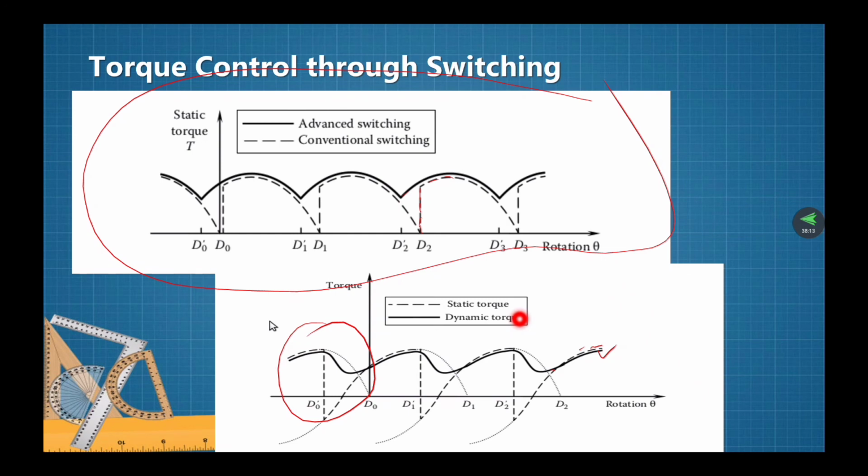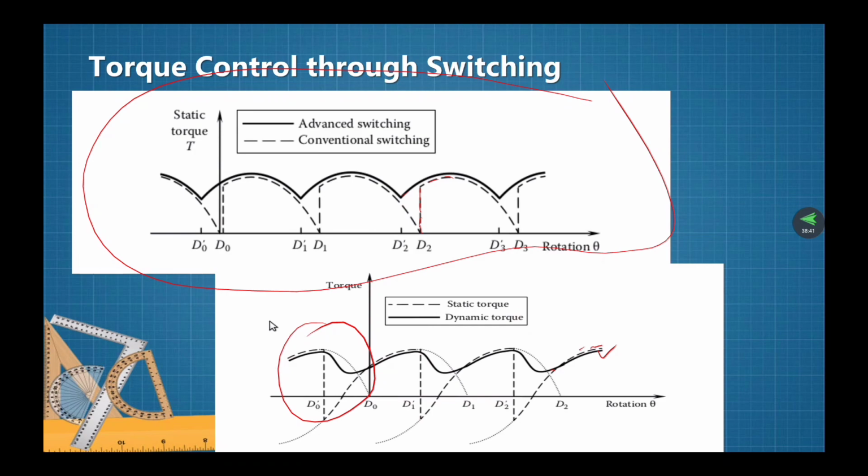For low speed, the dynamic torque may be approximated by the static torque curve. It makes the analysis simpler. As the speed increases, the deviation from the static curve becomes more pronounced for reasons that were mentioned before.